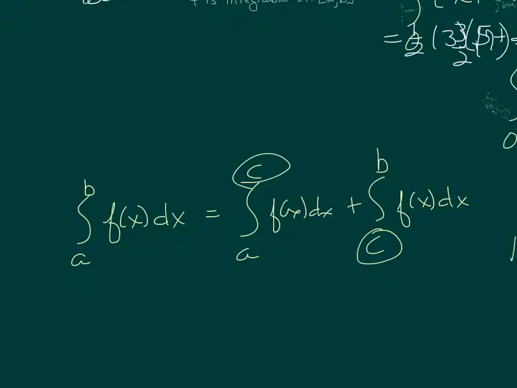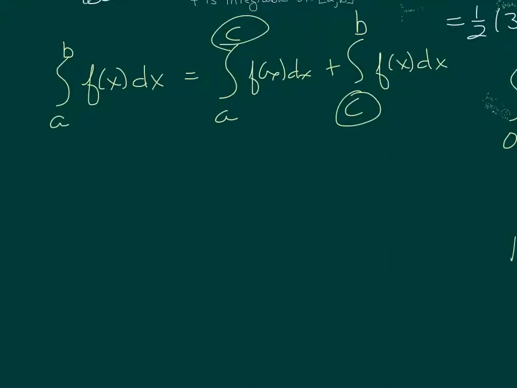So let's look at an example where that would happen. If I take the integral from -1 to 1 of the absolute value of x dx, let's think about what that looks like. What kind of function is that?